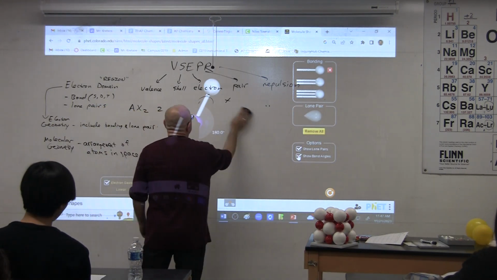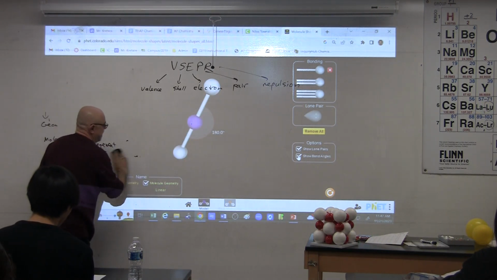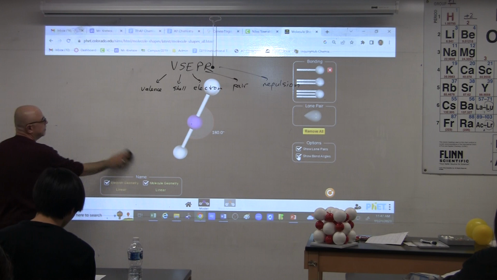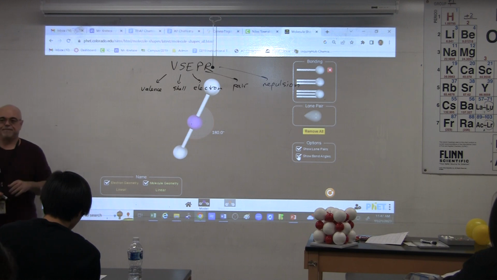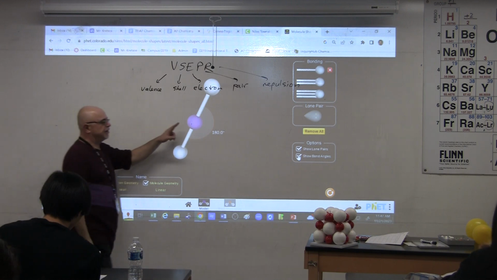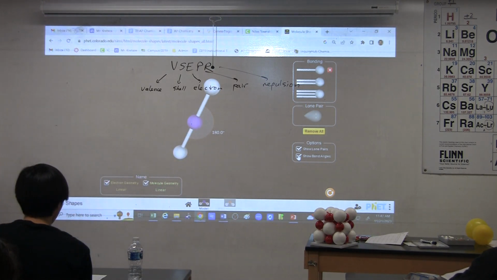Now, that is the simplest molecule you can basically have in this context. 3 atoms in a line. The 3 atoms don't always make a line. Let's look at a 3rd atom. If I attach a 3rd atom here and make it an AX3, which is the very next group, what shape do you think we're going to get?